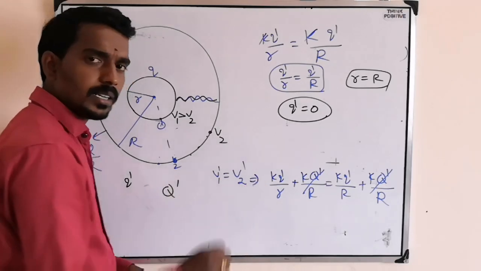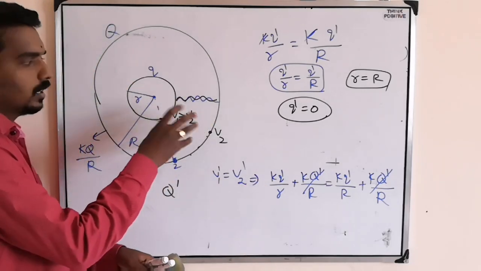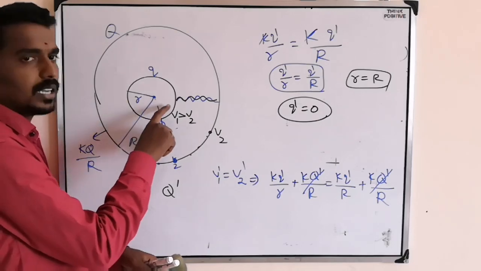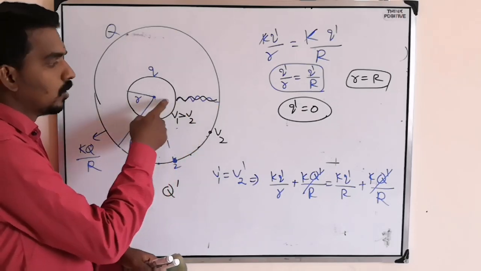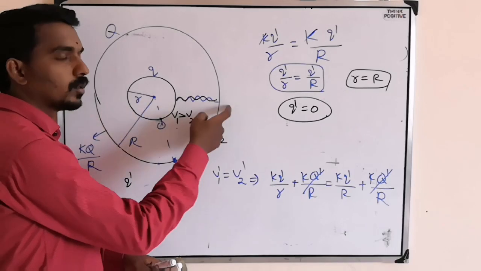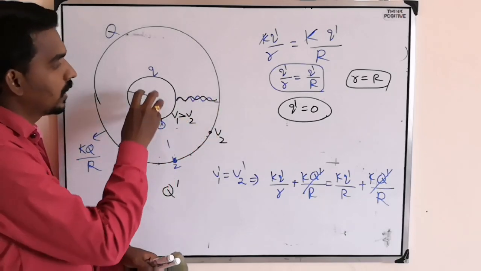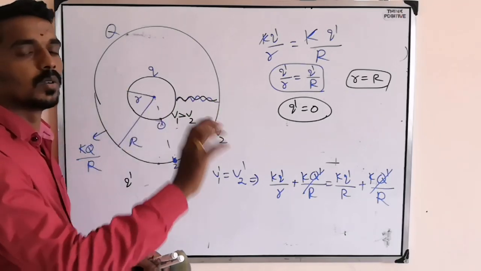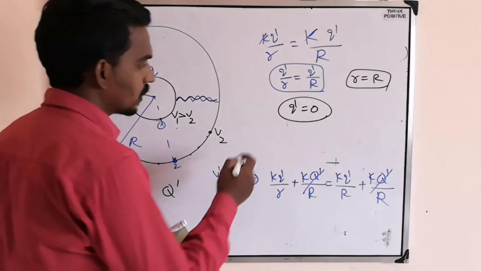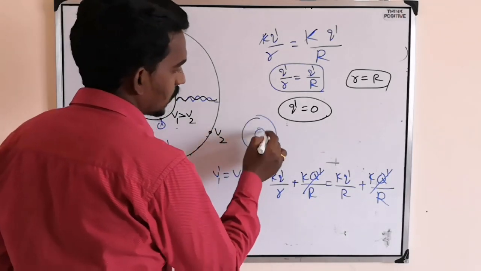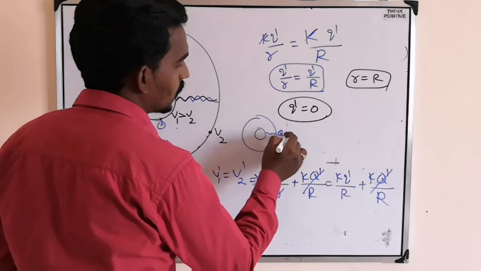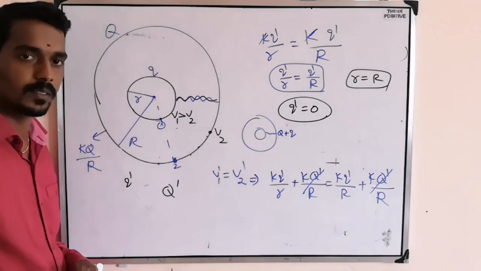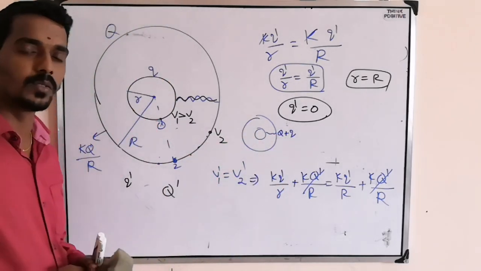So what you can conclude is, when you connect in this manner, the charge flows from the inner shell to the outer shell, such that the charge on the inner becomes 0. Then what will the scenario become? The complete charge, Q plus q, will reside on the outer shell. Why did I explain this one?